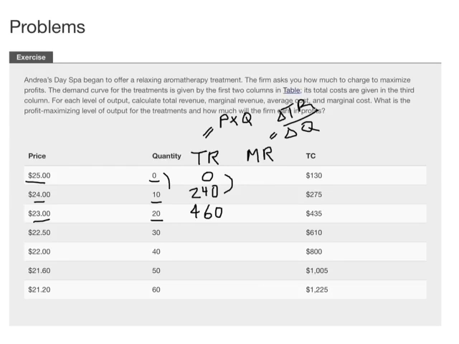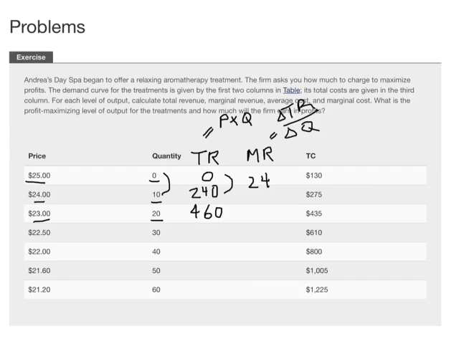Output, meanwhile, is jumping from 0 to 10. 240 divided by 10 is 24. And properly, marginal revenue is mapped between quantity 0 and quantity 10. In the spreadsheet that's to follow, I just map it on the 10, but that's because I don't have a middle space in my spreadsheet.